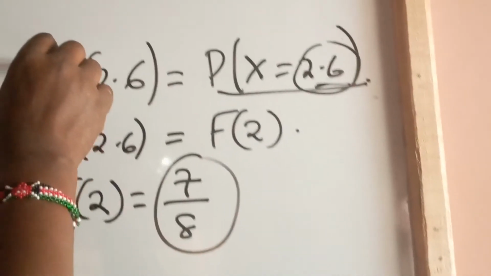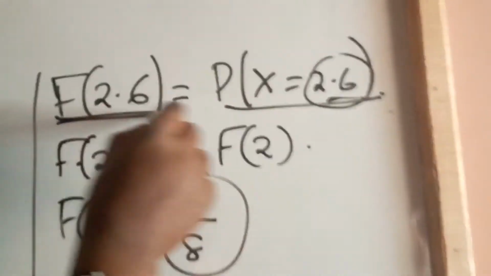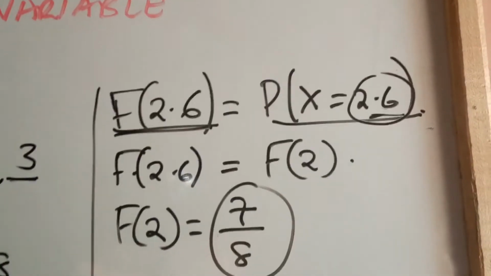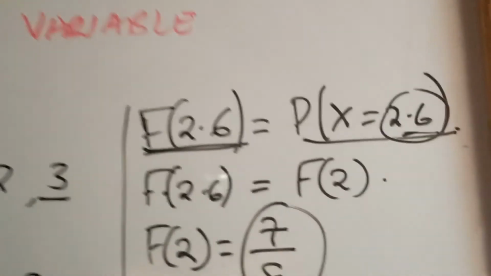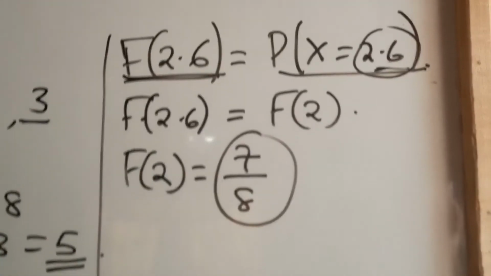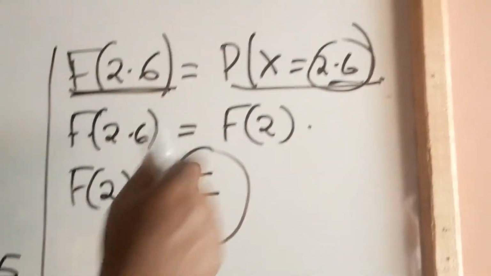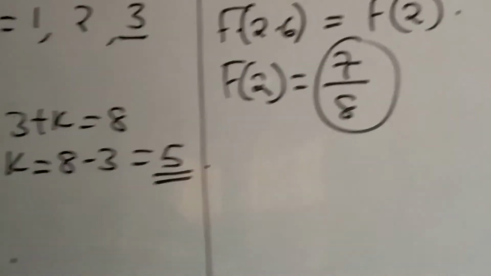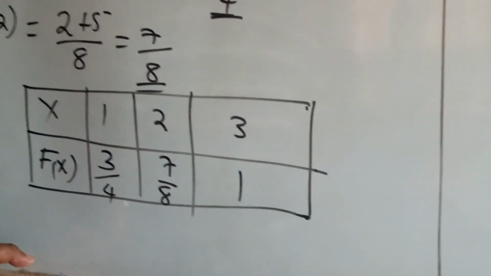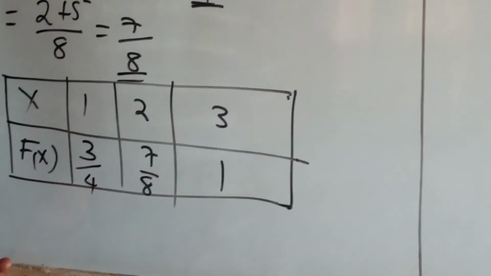I wanted you to understand that this one is taking us to continuous data, and we don't have continuous data in our table. We are entirely dealing with discrete data in our question, and F(2.6) is the same as F(2) because 0.6 is not shown anywhere in our question.